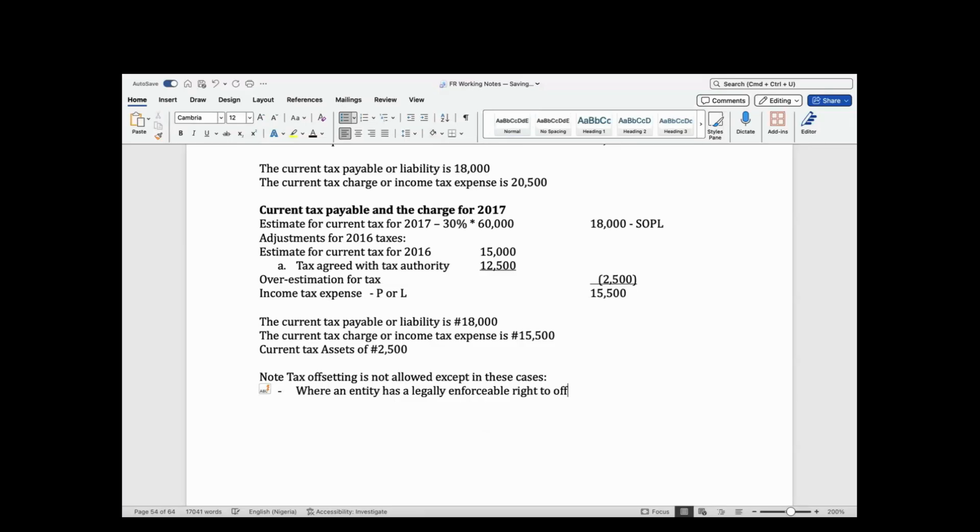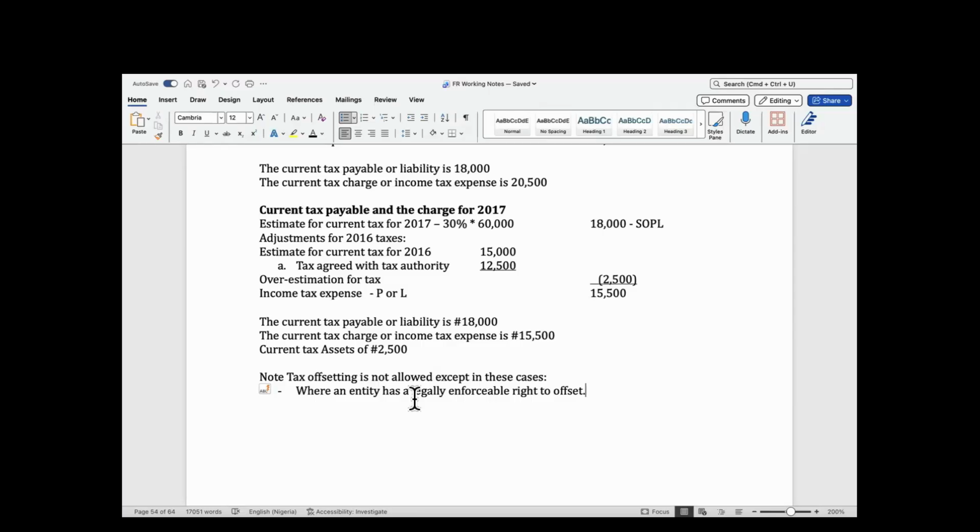So if there is a court case, the right to offset what they are owing you against your liability, then you can go ahead and offset. You can go ahead and recognize the net amount in your books because you have a court directive for you to do that.